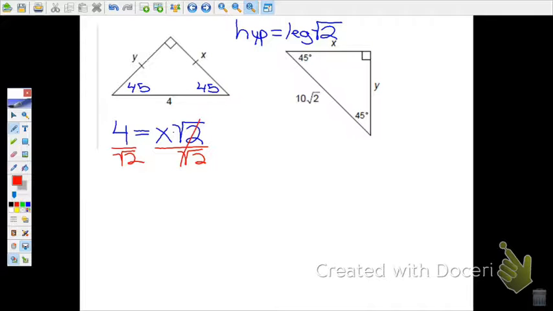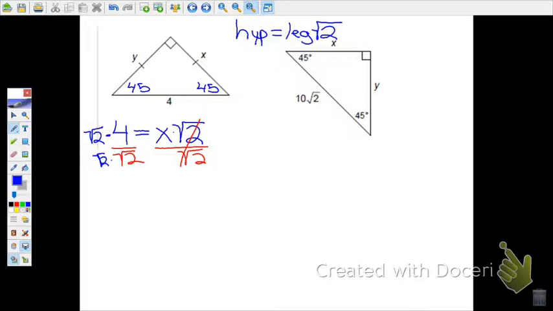Okay? And I know if I square it or take it times itself, it's going to go away. So if I multiply by square root of 2, whatever I do to the denominator, I have to do to the numerator.